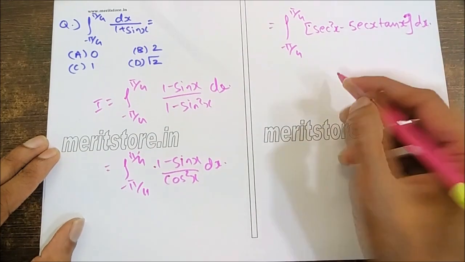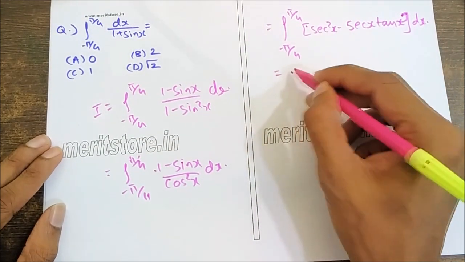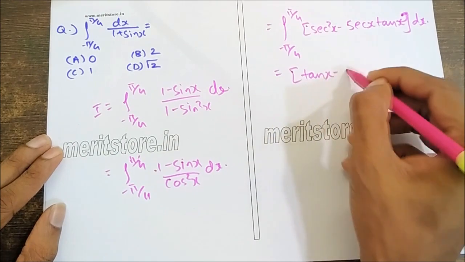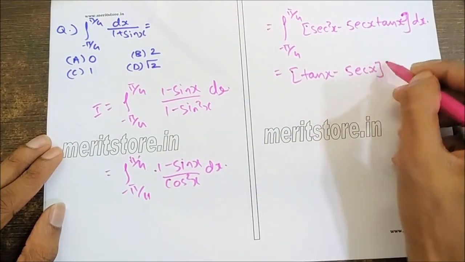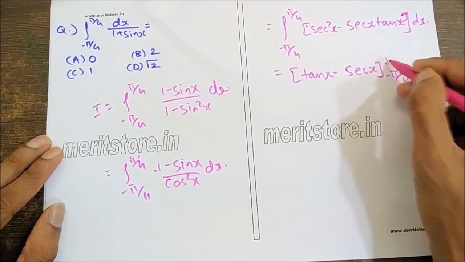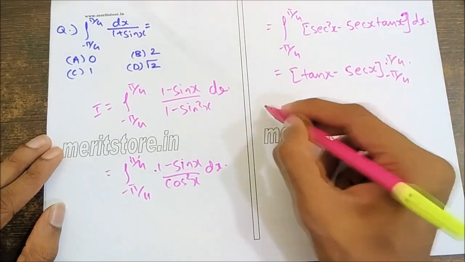of dx. Further solving, we get tan x minus sec x from minus pi by 4 to pi by 4.